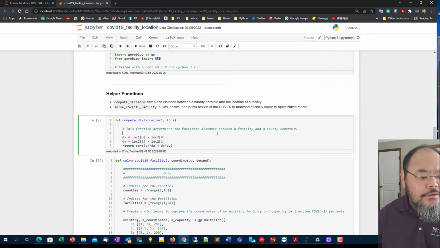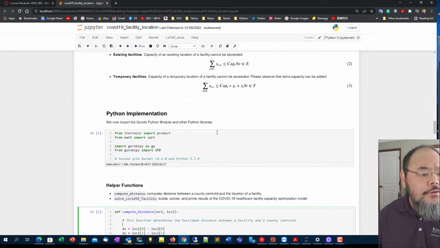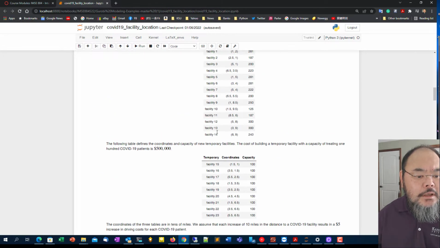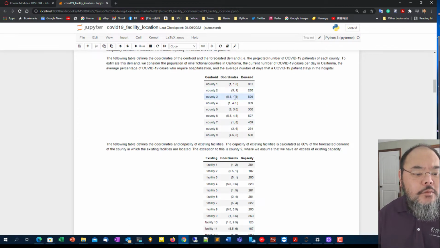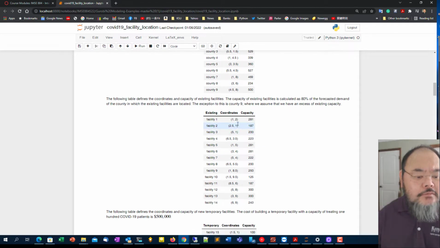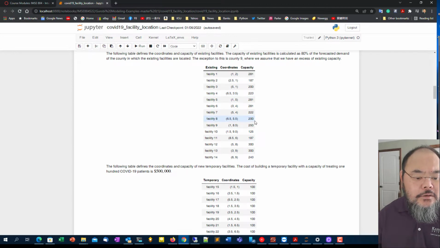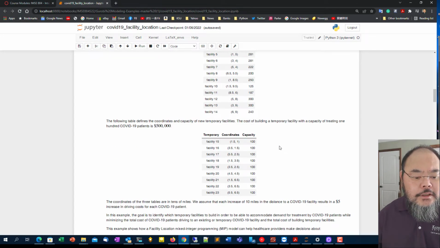First we define two so-called helper functions. The first function calculates the distance between two locations. As we look at our data, we're given a coordinate, X and Y on the map, for each county that has a demand, for the existing facility with known capacity, and for the temporary facility.